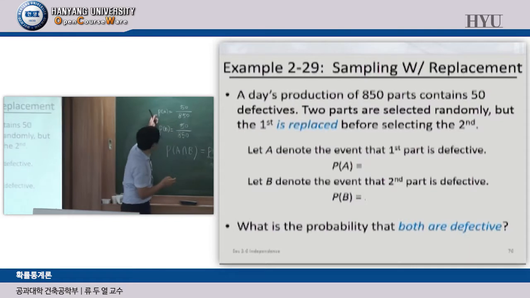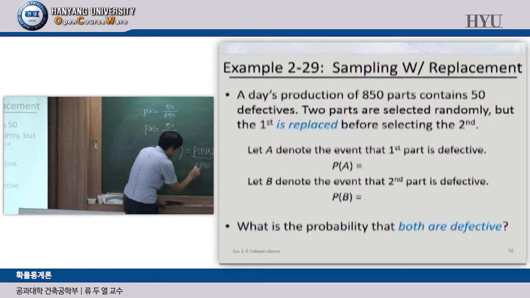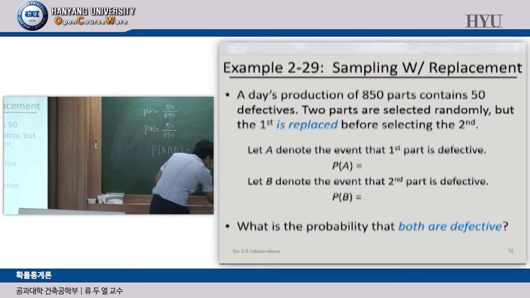Why? The first part does not affect the second part. So this can be rewritten as the multiplication of the probability of B and the probability of A. That is the definition of independence, right? So that equals 50 divided by 850 multiplied by 50 divided by 850. That is the probability that both first and second part are defective.